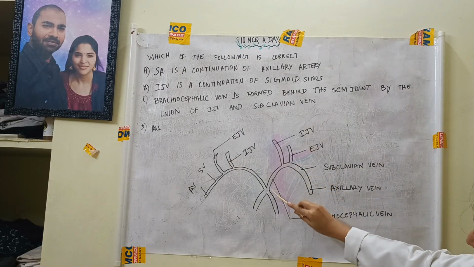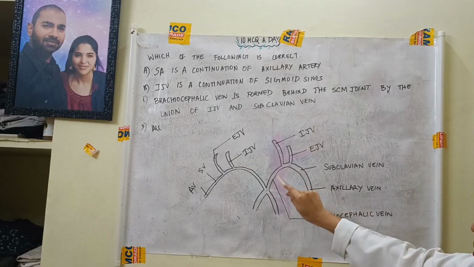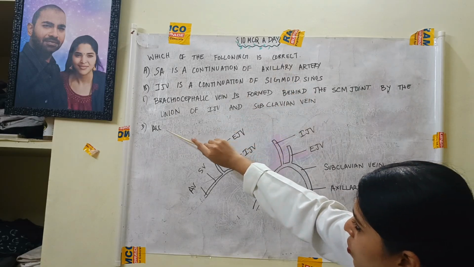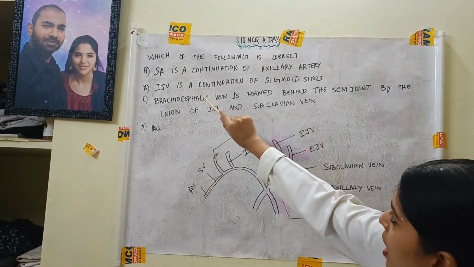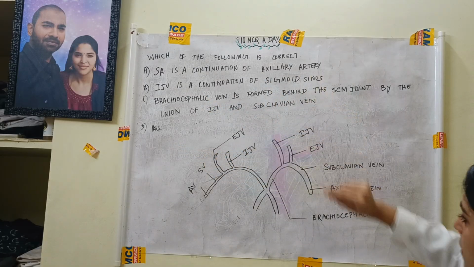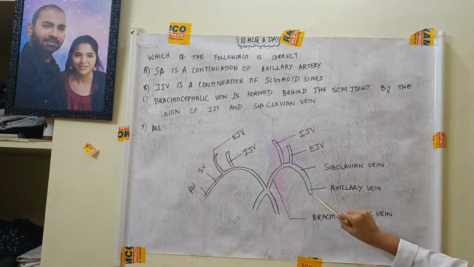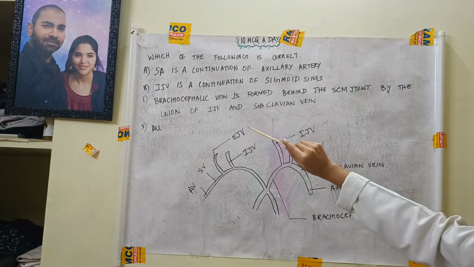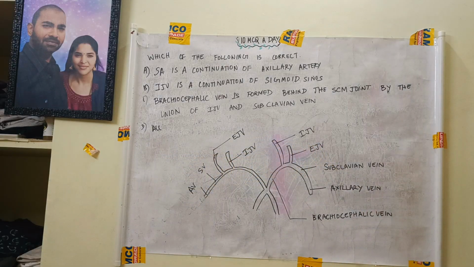So this is the brachiocephalic vein. Internal jugular vein and subclavian vein form the brachiocephalic vein. So which of the following is correct? So all is the correct option. Subclavian artery is a continuation of axillary artery. Here in the case of vein, this is the correct diagrammatic representation. So option D is the correct answer.